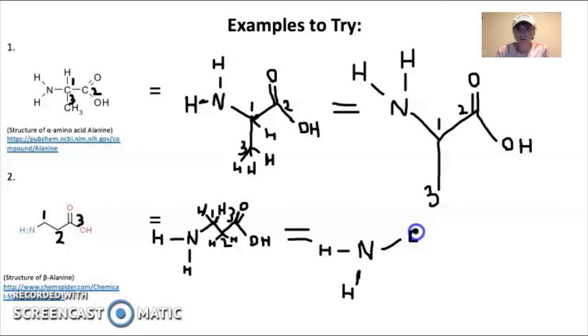There's 1, 2, and there's the third. 1, 2, and 3. And then looking back to the original drawing, I'm just going to add my double bonded oxygen and my hydroxyl group.